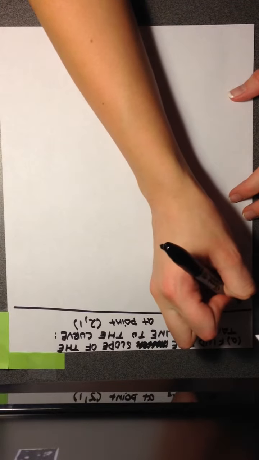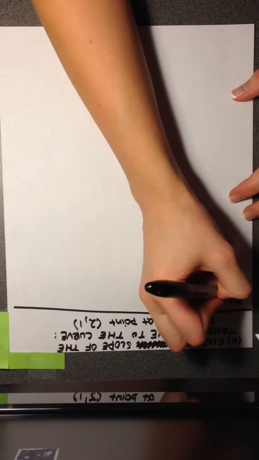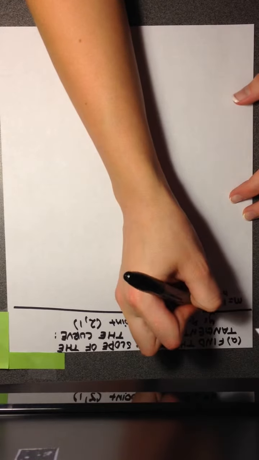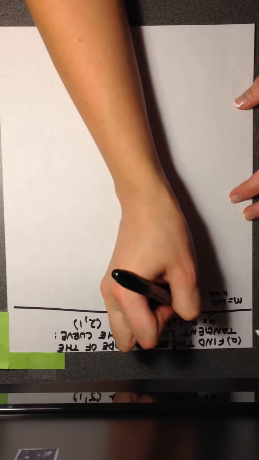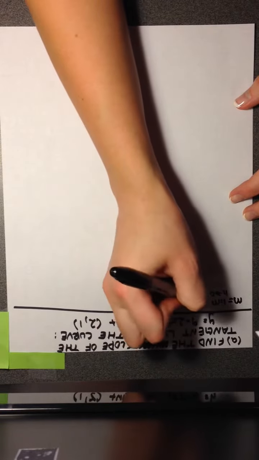They gave us the equation of the curve, y equals 9 minus 2x squared, at the point (2, 1). As we learned in Chapter 2, Section 7, one way to express the slope of a tangent line to a curve is m, or our slope, equals the limit as h approaches 0 of f of a plus h minus f of a, all over h.